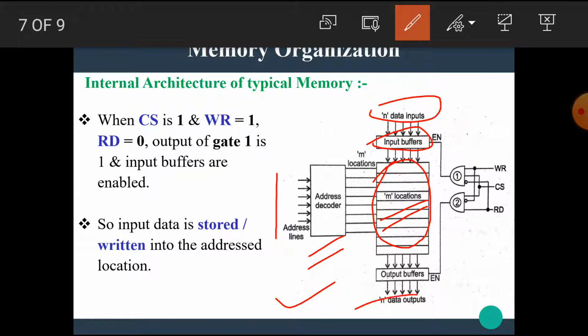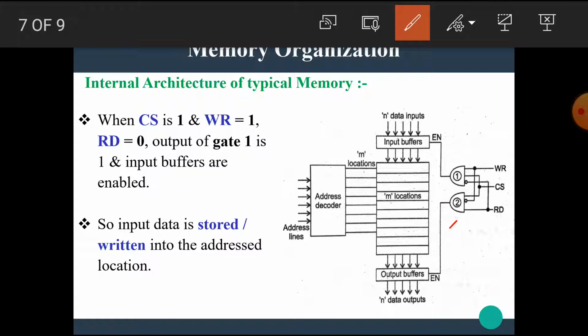Similarly, N data output lines and the output buffers. Similarly, in this diagram we can see that there are two gates which have the lines WR, that means write, RD means read, and CS means chip select.